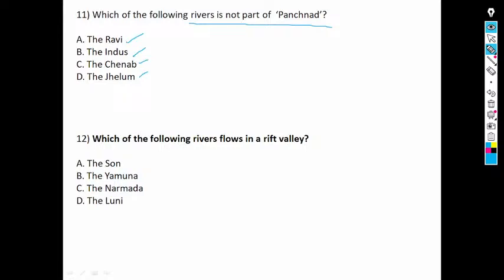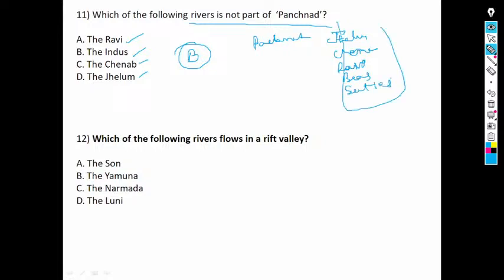The answer is Indus. Panchnad is basically the left bank tributaries of the Indus, that is Jhelum, Chenab, Ravi, Beas and Satluj. These five together form the Panchnad.